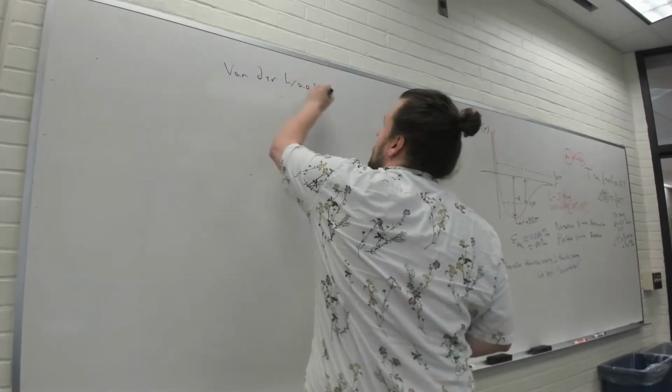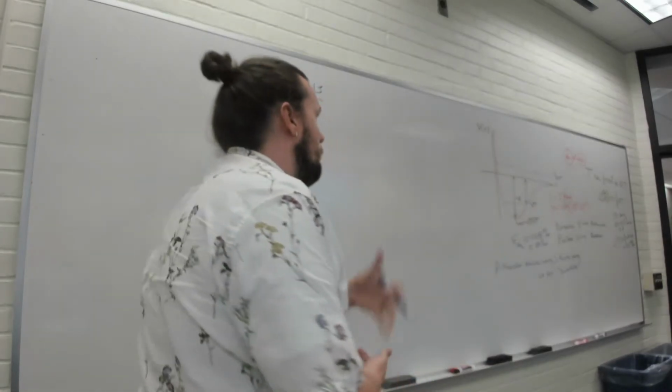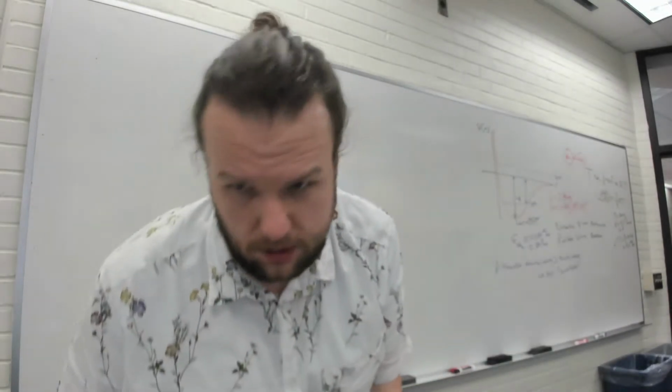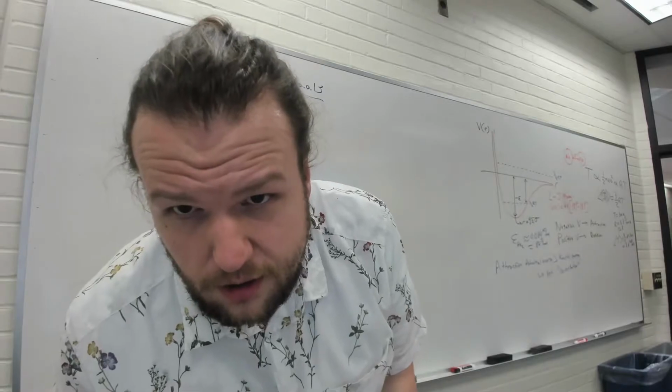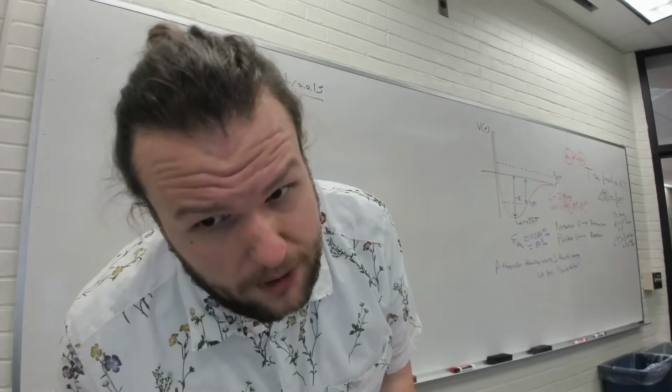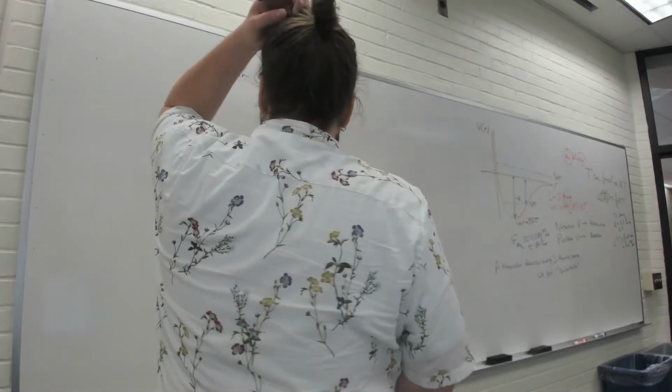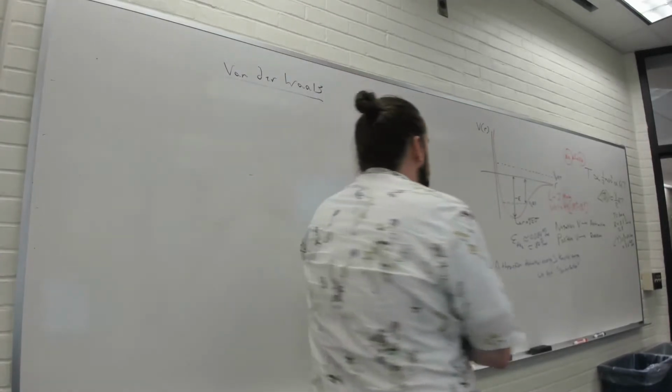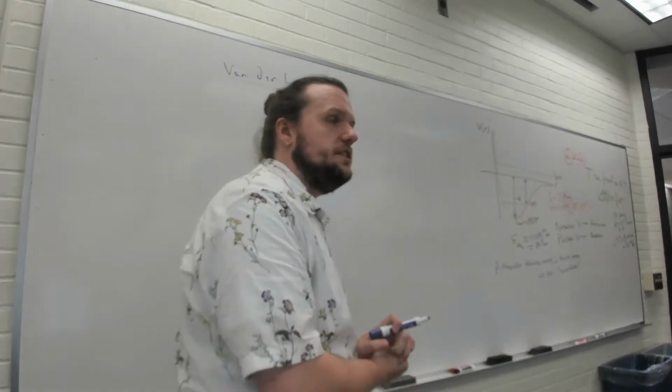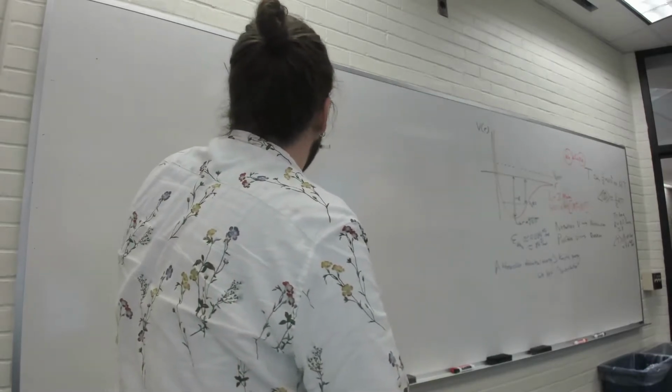He says, let's come up with a theory to improve the ideal gas law. Van der Waals has a great idea. He says, let's relax some of the ideal gas approximations and see what we can do. And so he does two things.